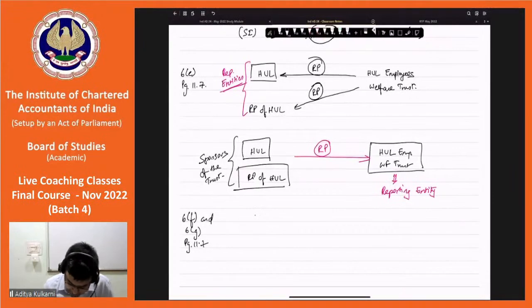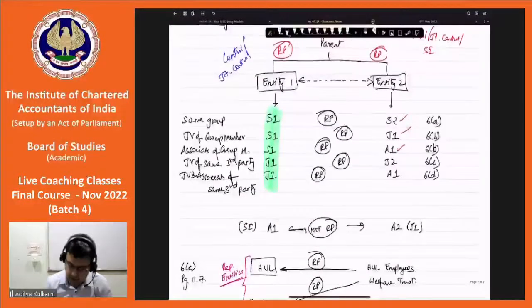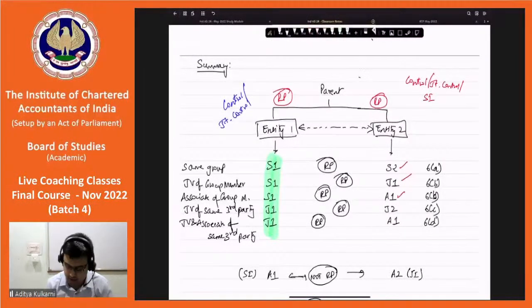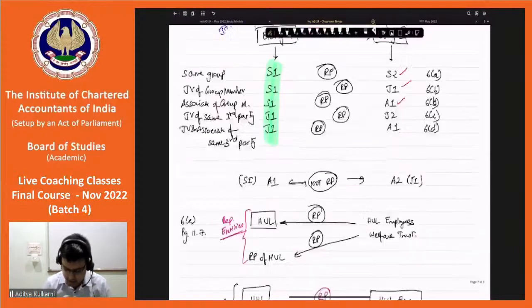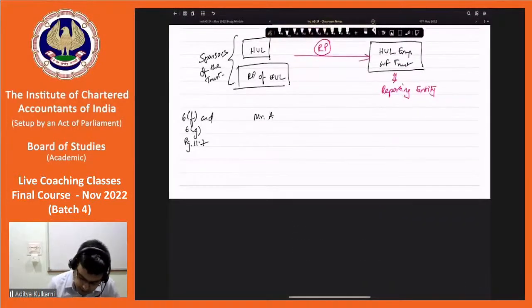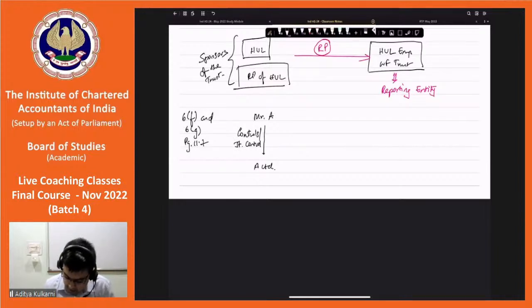Suppose I have Mr. A. It is nothing but an extension of this summary chart. Only thing is I am replacing the word parent by Mr. X or Mr. A. That's it. So suppose Mr. A controls or jointly controls A Limited.